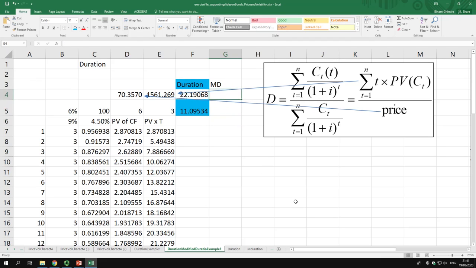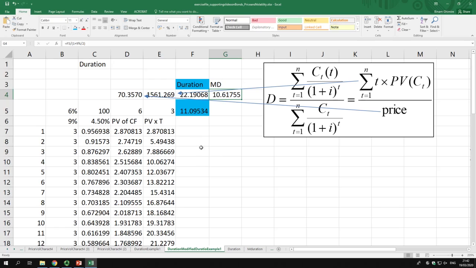Now what about modified duration? Modified duration, we know from the formula, is duration divided by 1 plus the nominal yield, which is 9%, divided by the coupon payment frequency, which is 2, and therefore you get this number here, which is 10.61755. This is basically the modified duration.